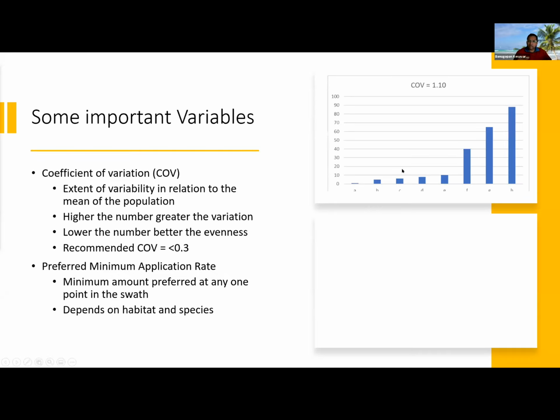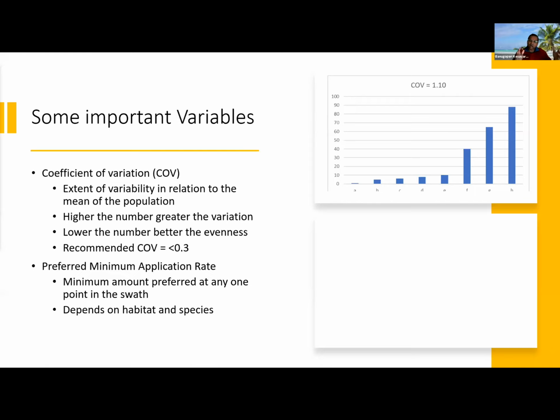In this graph, you can see from A to H, these applications had different trends. The bar graph keeps increasing, and in the end, you see peaks. So if you get an average of this particular sampling, you won't be able to get the right average.